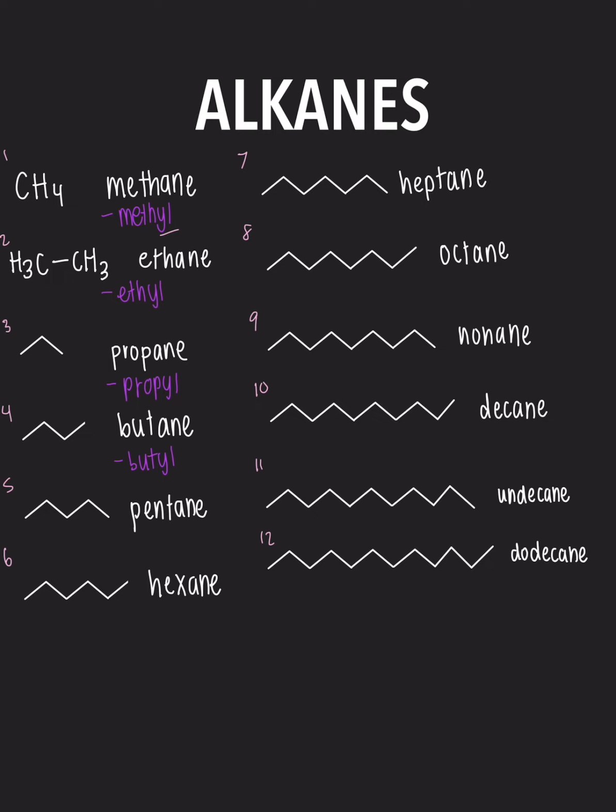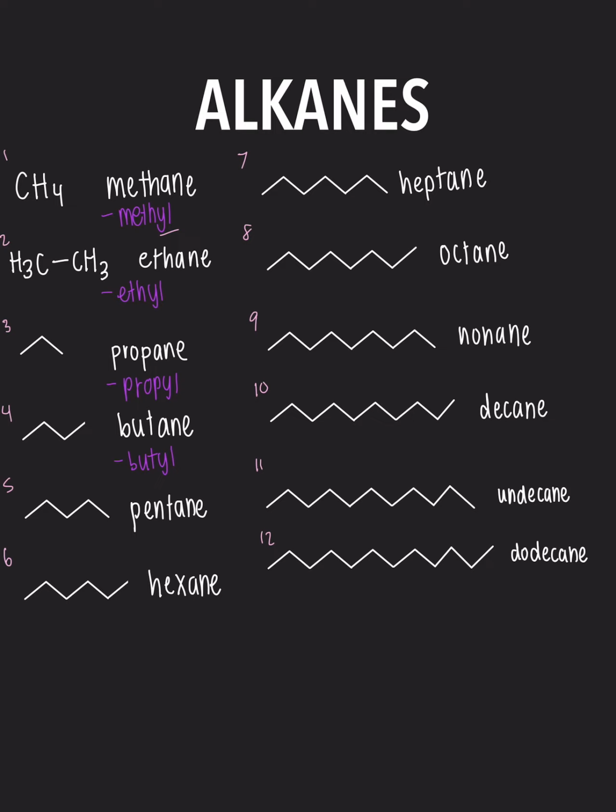So for alkanes, you need to know that all of them end in ane. But what happens is you're actually just changing the number of carbons. So for example, if you have 1 carbon, it's methane. And then what you see in purple is if it's a substituent, which don't worry about that right now. I'm just going to say it.